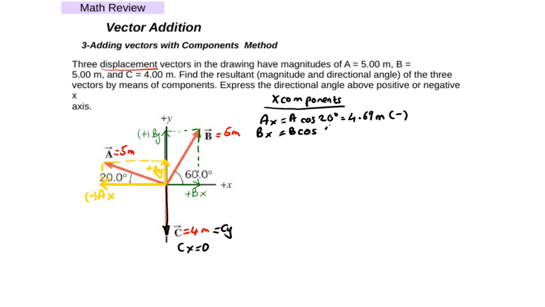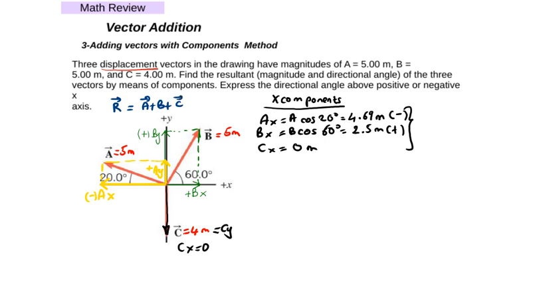I have units as meters, so I'll put units there, and I decided that it's negative. Bx is B cosine of the angle B makes with the x-axis, 60. So it's 5 times cosine 60, and that value is 2.5 meters. And I decided that's positive. And C is only along y, so Cx is 0 meters.